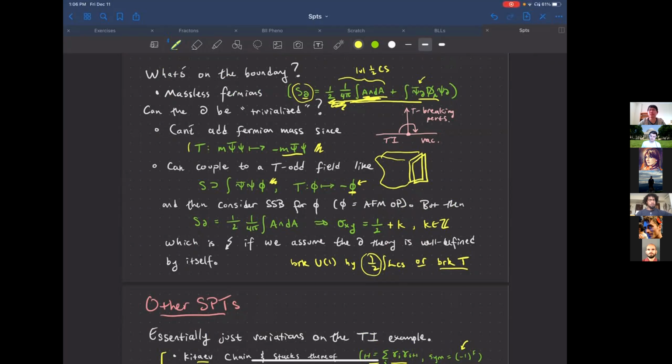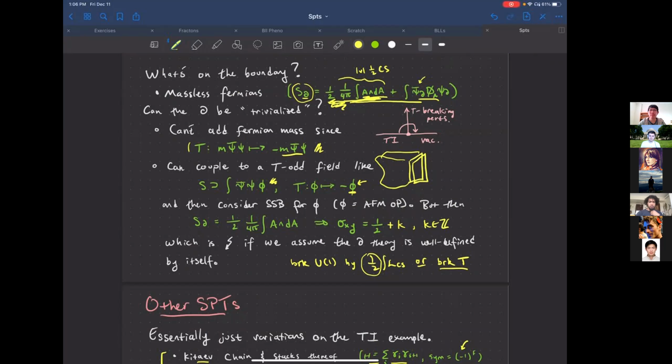And depending on the exact details of phi that I add, there may or may not be spontaneous symmetry breaking for phi. But the claim was that the boundary theory can actually not be made trivial if you do this coupling.